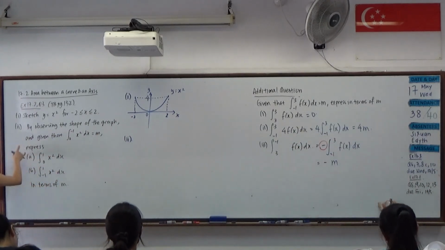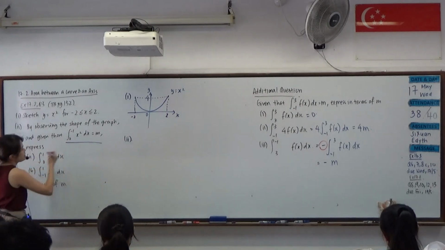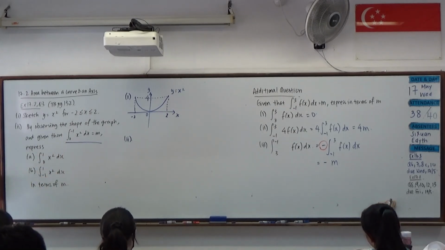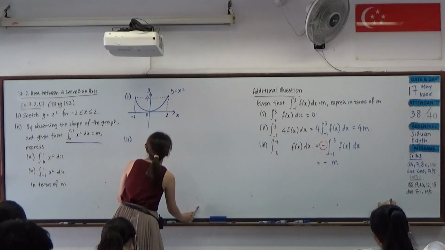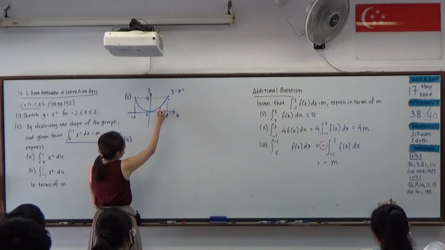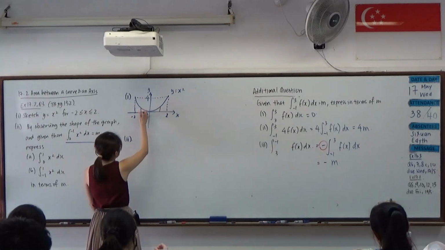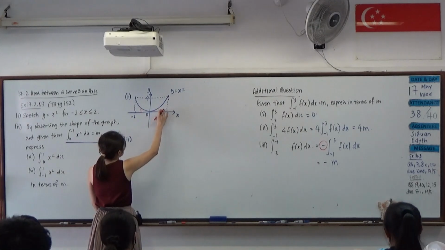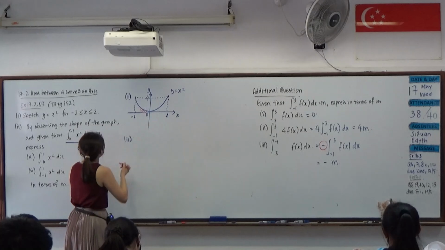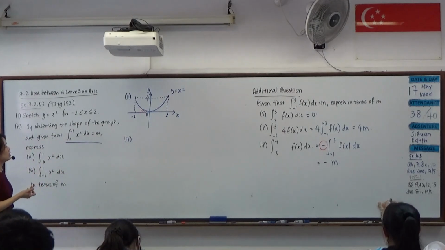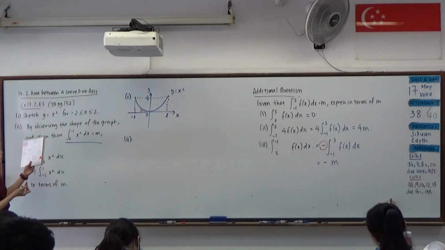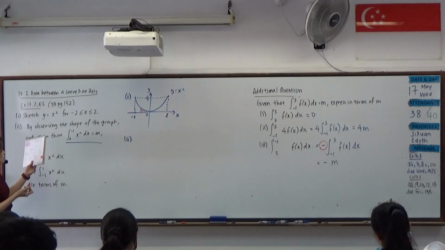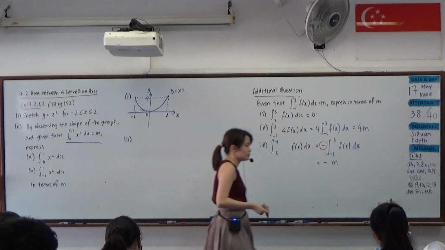Observing the shape of the graph and given that the integral from 0 to negative 1 of x squared is equals to m, in other words, the area under the graph is for negative 1 to 0, sorry, 0 to negative 1.